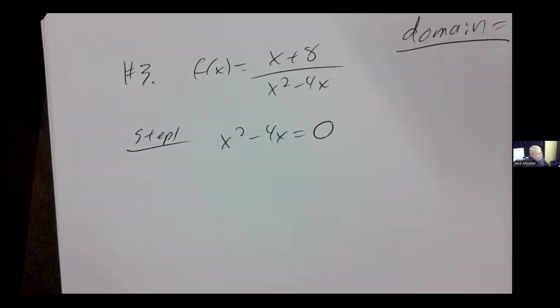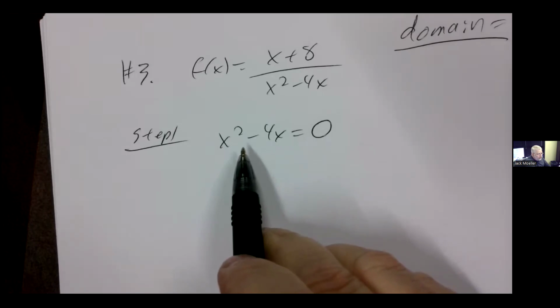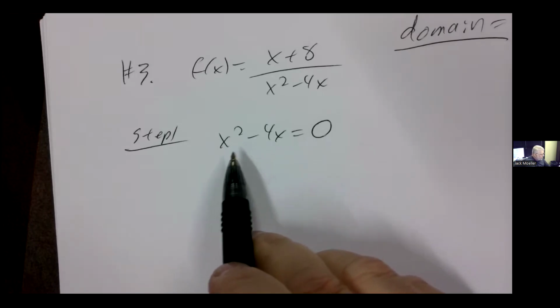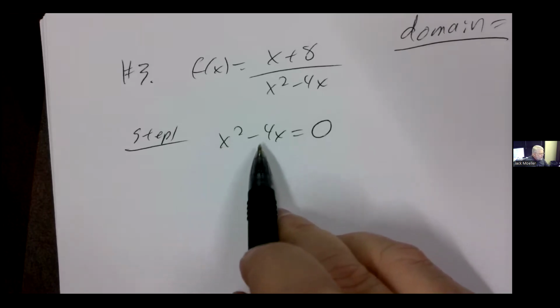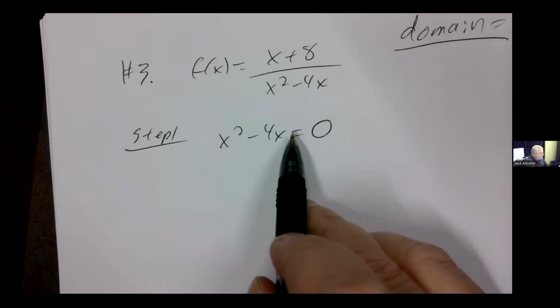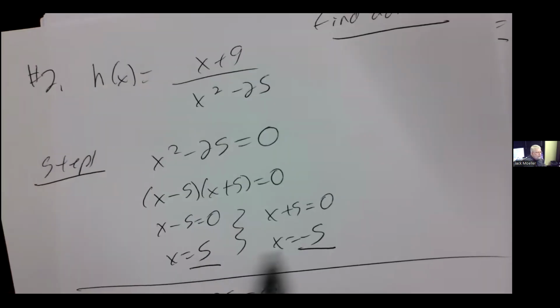All right. So how do you factor that? Okay, well, if you get stuck, it is a quadratic, so you could put it in the quadratic formula where a is 1, b is negative 4, c is 0 because there's no constant. And then the answer that you'll get in the quadratic formula will be your x equals.